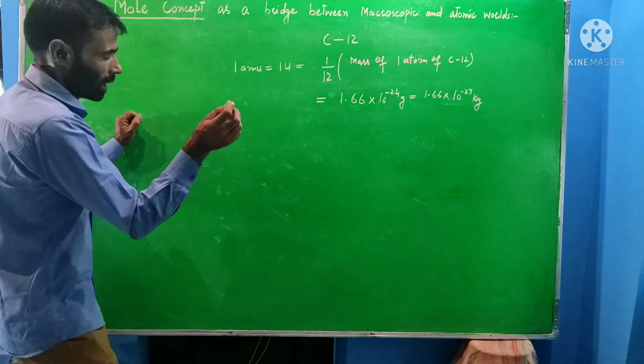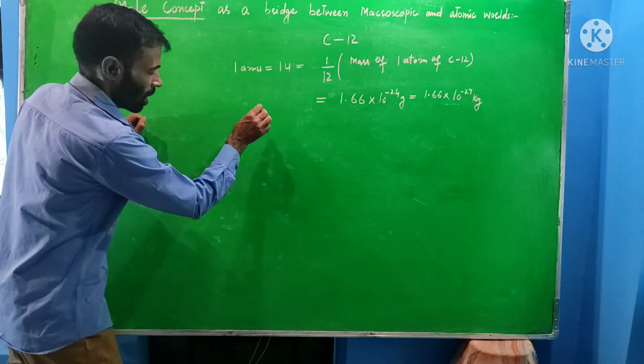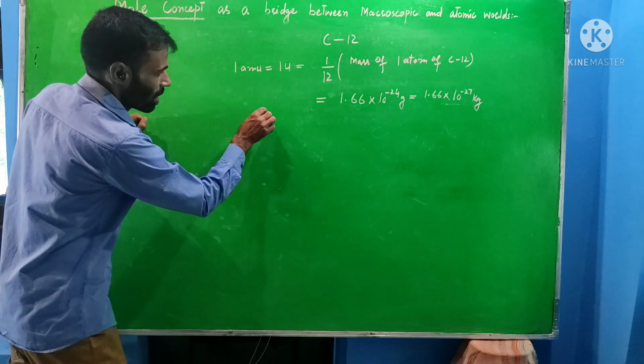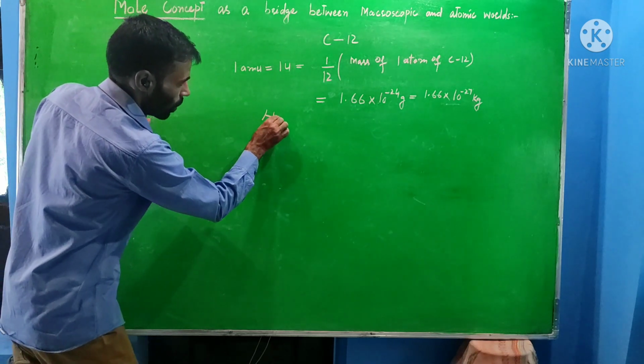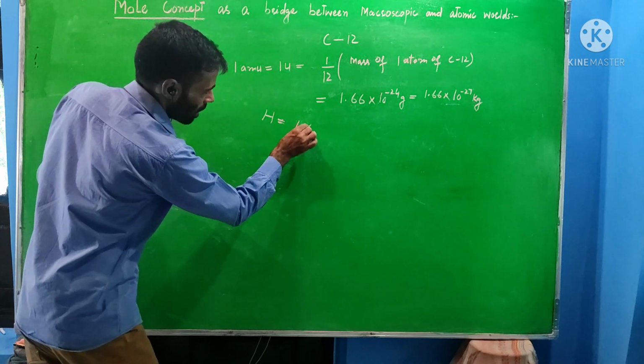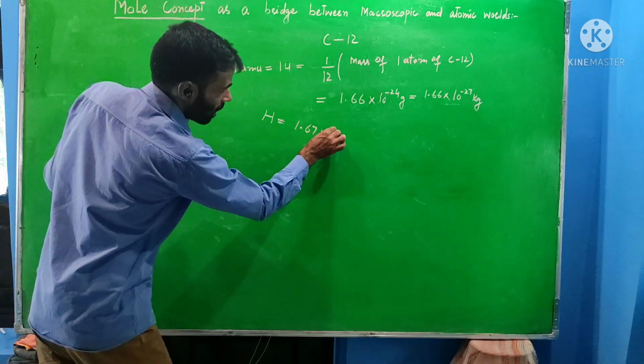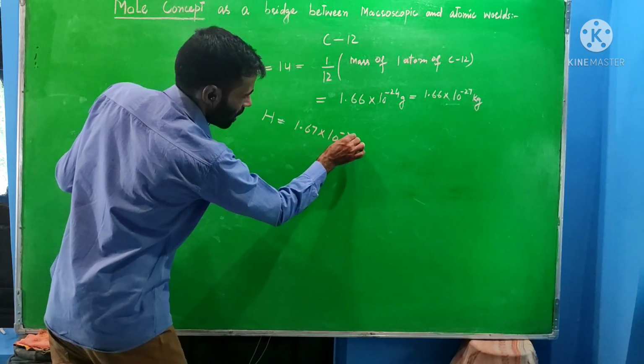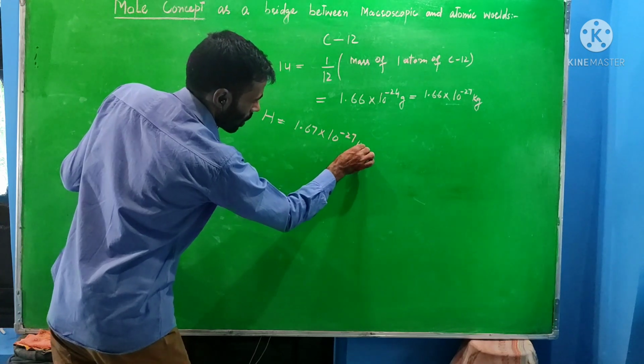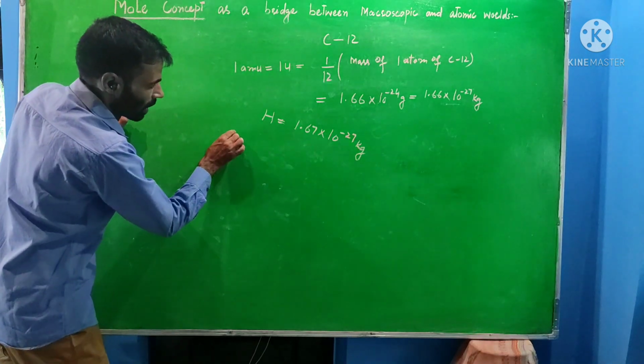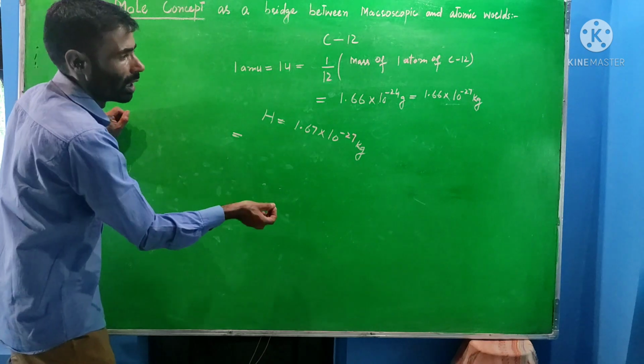For example, if I take hydrogen atom, it has mass equal to 1.67 into 10 raised to power minus 27 kg. So we will convert this mass in AMU.